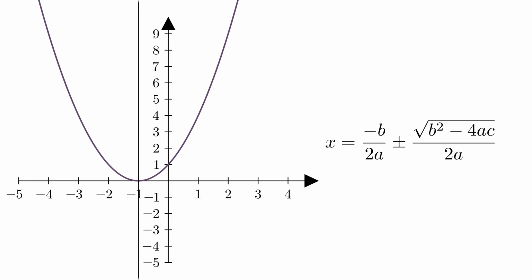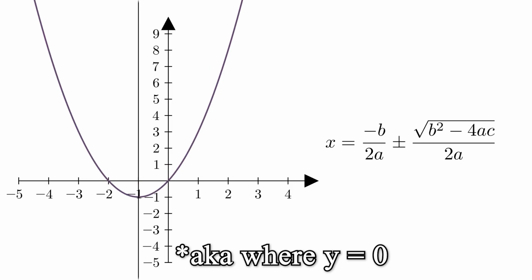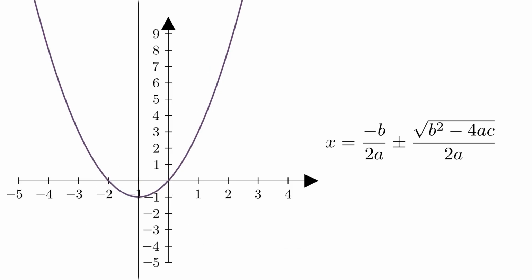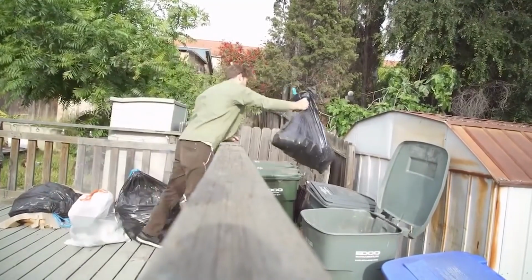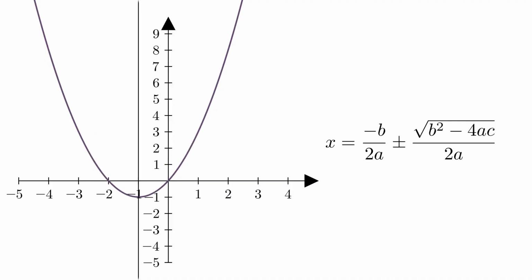What are solutions? Well, I'm going to have to direct your attention over here to this curve, which I've moved down a little bit. This flat line right here is called our x-axis. The points where our curve crosses over onto the x-axis are called our solutions because they solve everything in your life. If you got to take out the trash, solve. The kid is bullying you, solve. Those are our solutions. What does this have to do with our quadratic formula?